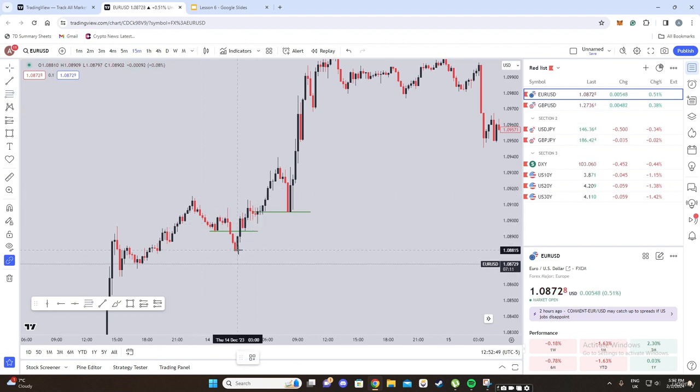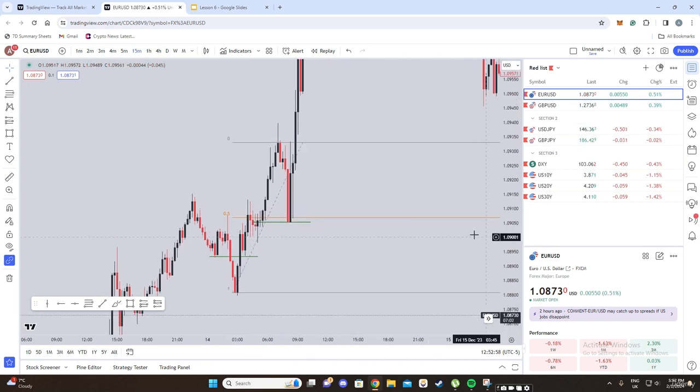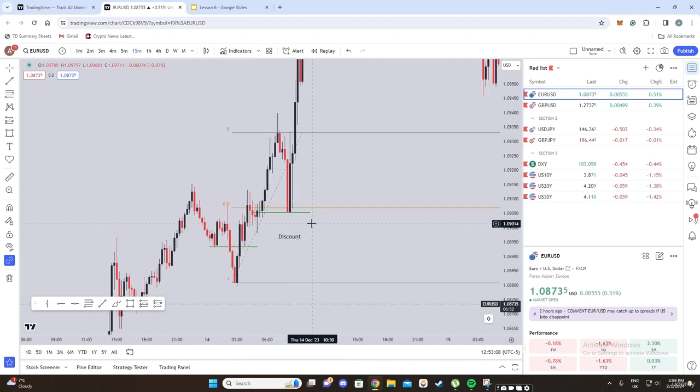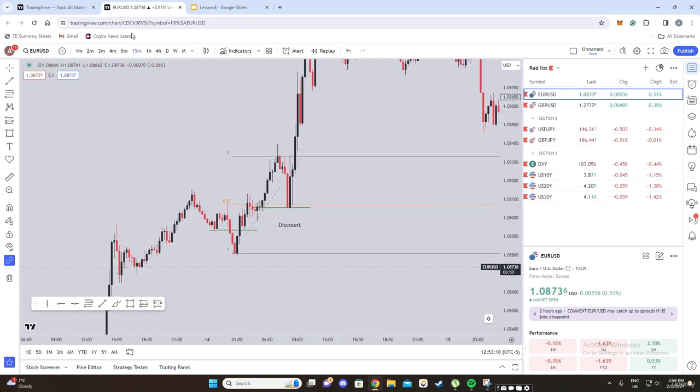So check from this swing low to this swing high, we'd get our bullish trading range. As you can see, price went below the 50%, which is our discount in the marketplace, before trading higher, with the first target being this swing high here.